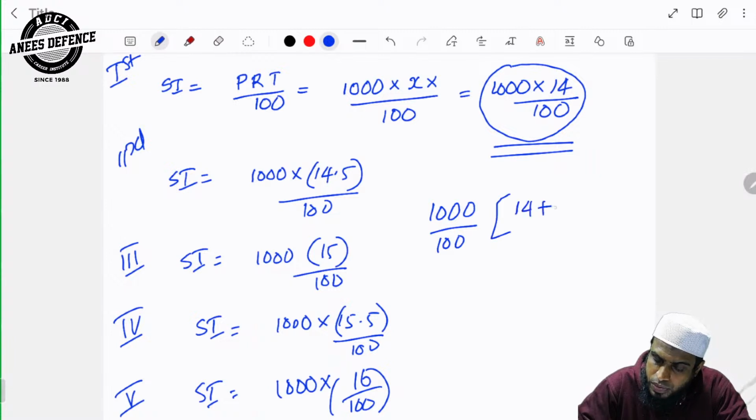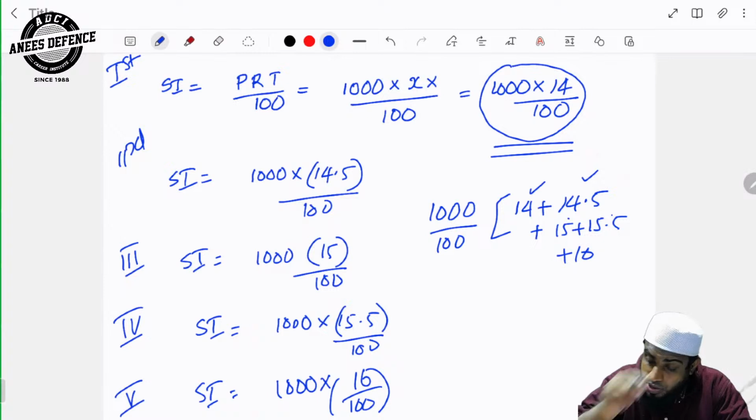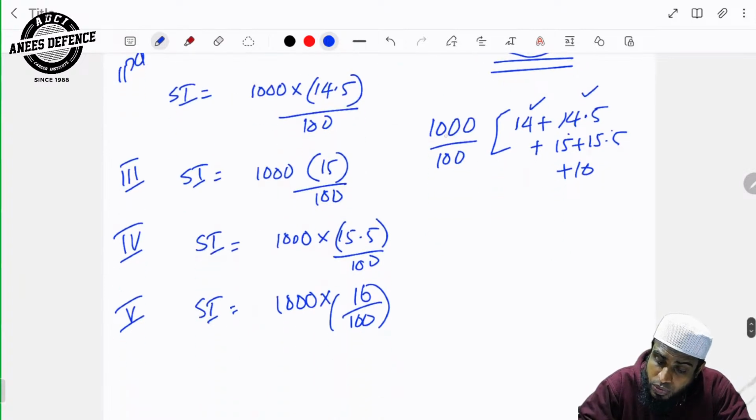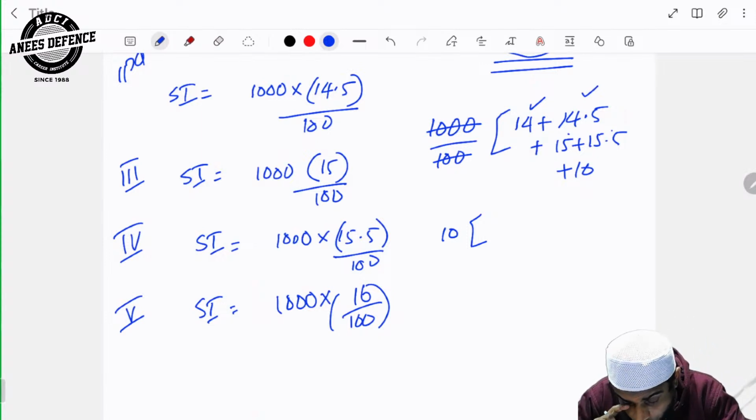Then 14 plus 14.5, 15, 15.5, 16. So 1, 2, 3, 4, 5, we are calculating for 5 years. This 1000 by 100 is 10 into 14, 14.5, 15, 15.5 and 16.